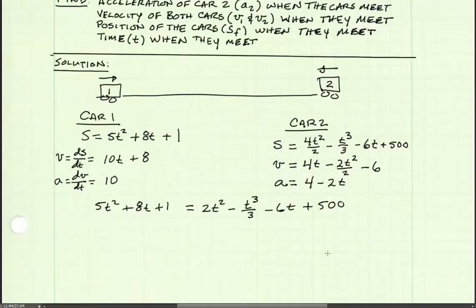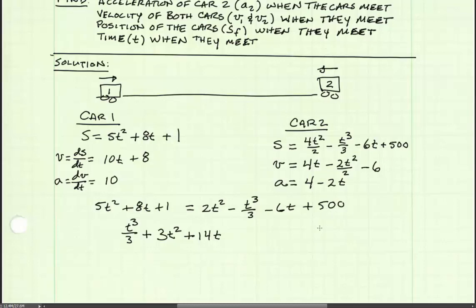So if I collect like terms, on the other side of the equation I've got t cubed over 3 plus I've got a 5t squared here and a 2t squared here. So I bring the 2t squared over to the other side and I get a 3t squared, and then I look at my t term, and if I bring the minus 6t over to the other side, I get a plus 14t, and then I've got a positive 1 on the left, a positive 500 on the right.